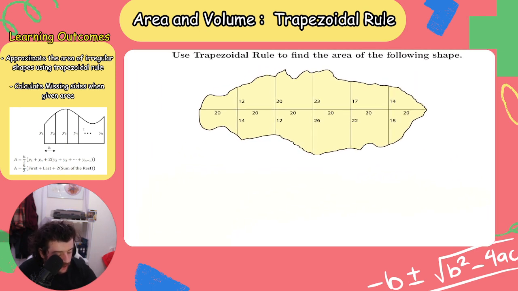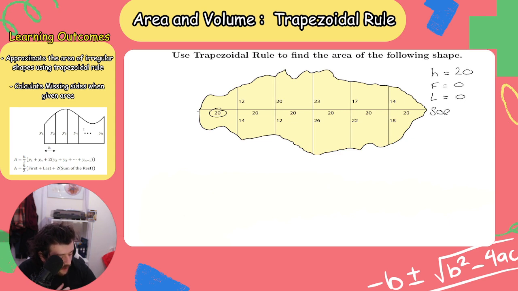So, have a look here. My h, my horizontal distance between each column, is going to be 20. It's given as 20. My first height is going to be 0 because it kind of clasps off at the end there. My last height is going to be 0 as well because, again, it clasps off here.